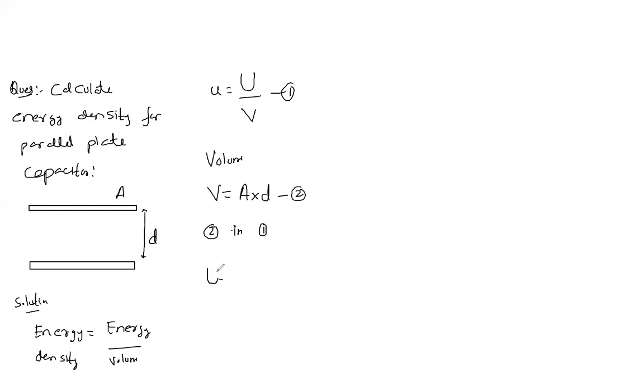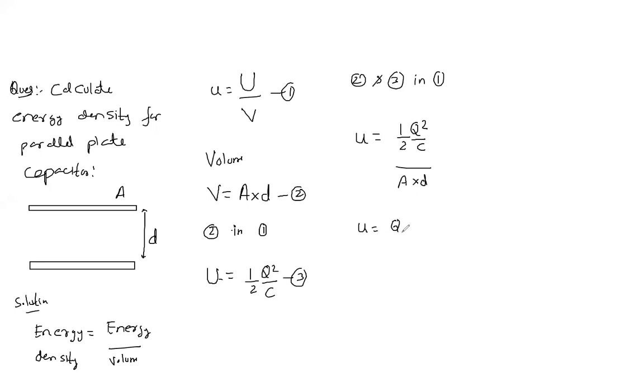And you can write U as half Q square over C. This is energy, half Q square over C. If I substitute 2 and 3 in 1, then u is half Q square over C divided by volume, which is A into d. So this is the energy density, which is Q square over 2C into area into separation between the plates.